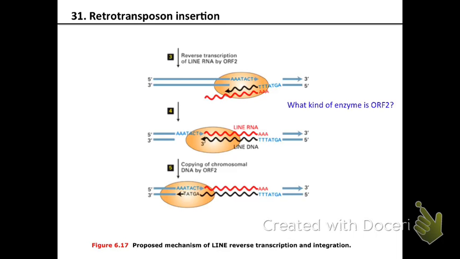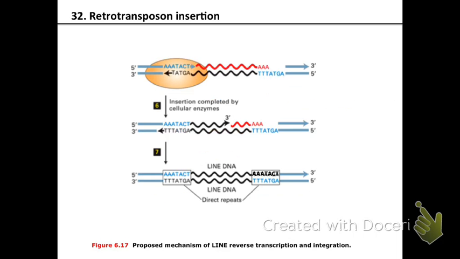So what kind of enzyme is ORF2? It's making a DNA copy of an RNA. You guys learned this? Reverse transcriptase. Very good. Nice recall. All right. So you have this DNA-RNA copy. Again, the cellular enzymes recognize this as a problem. And whenever they see this, they say, okay, we're going to repair this.